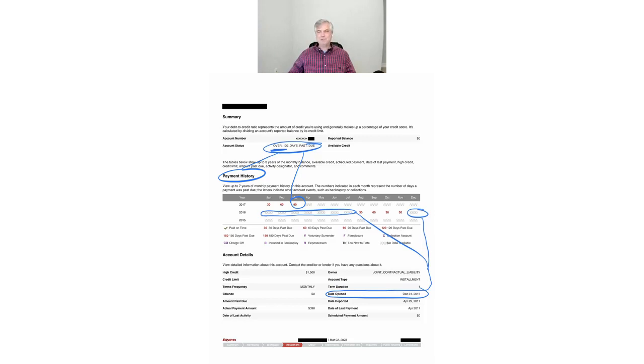So if it only said 120 here in the payment history, that would not be enough. The fact is, it's just wrong. So it could be we were never more than 120 days late. And so that account status needs to be corrected. Or maybe we were. And then the payment history needs to be corrected.